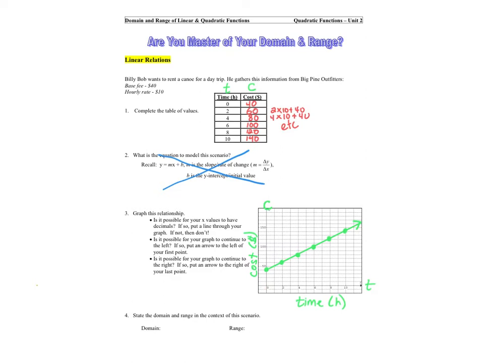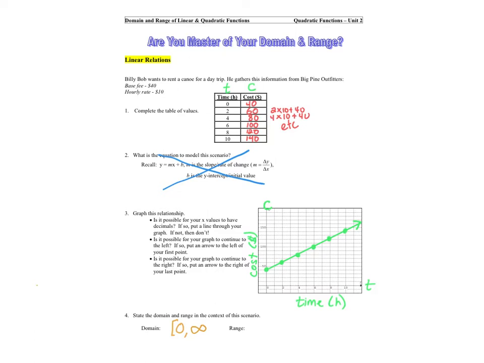So the minimum time is 0. And the maximum time, because the arrow shows that it's going to keep on going, technically is infinity because it doesn't say how long you can rent the canoe for.